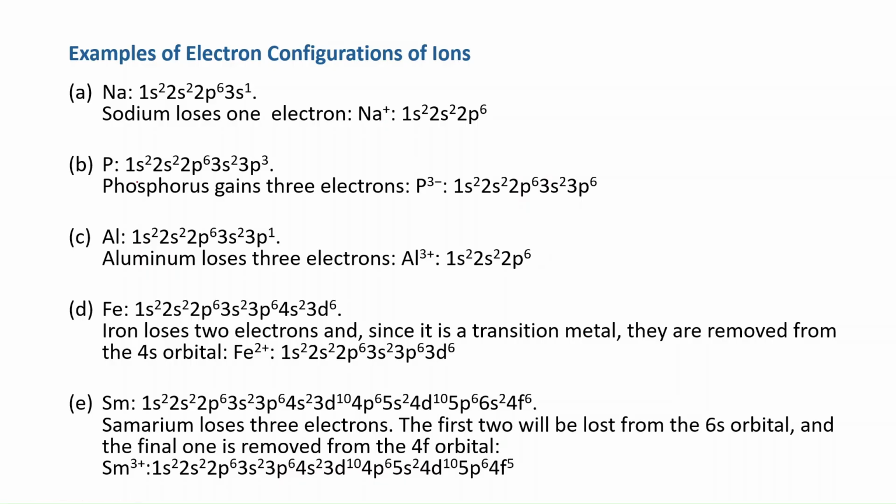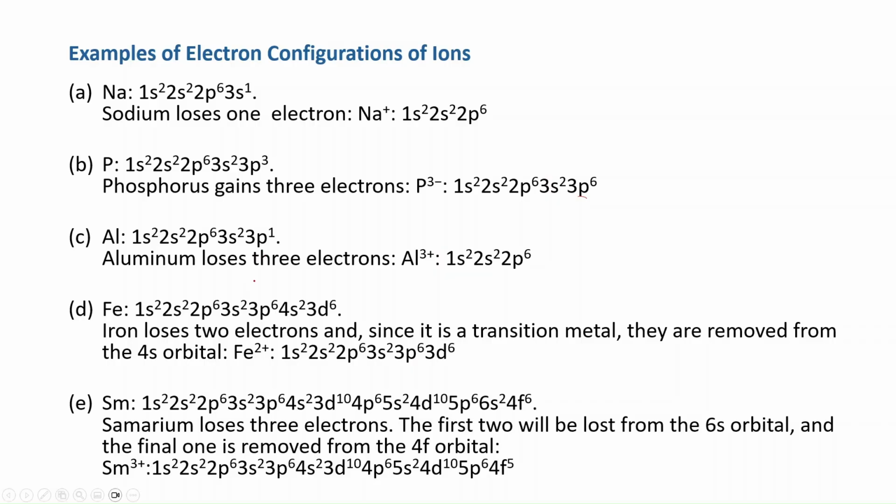You have the configuration of phosphorus, 1s2, 2s2, 2p6, 3s2, 3p3. Now it's going to gain 3 electrons. The Aufbau principle says we are going to add into the 3p orbital, because there's empty space, that's the lowest energy available. So you have 3p6. Aluminum, it's at 3p1.